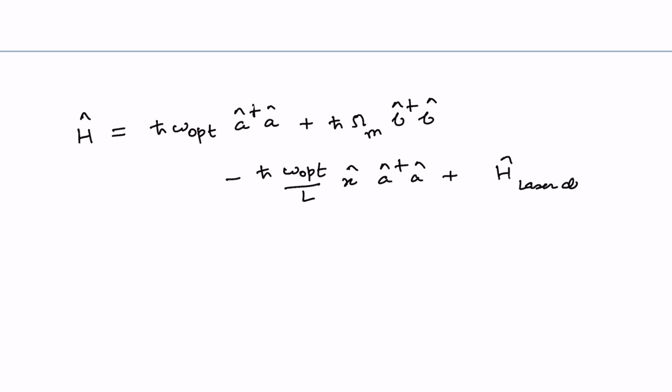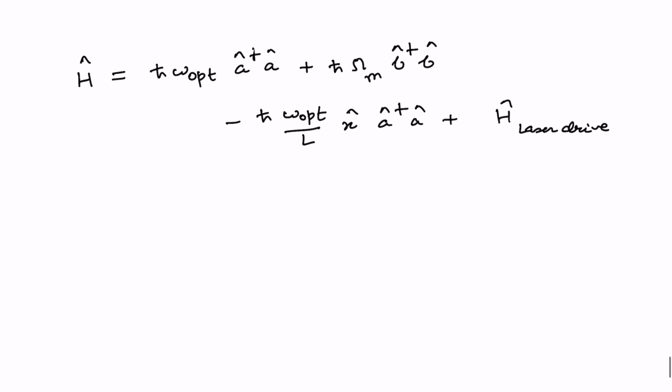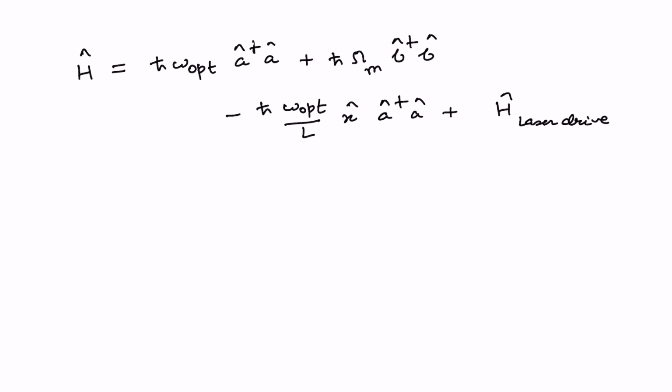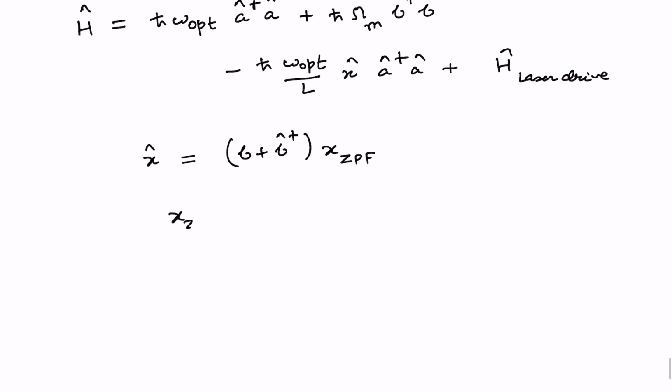I will come to that in a minute, but before that, let me write the position operator of the mechanical oscillator as b plus b dagger into the zero point displacement due to zero point fluctuation, defined as the square root of h bar divided by twice m omega m, where m is the mass of the movable mirror.